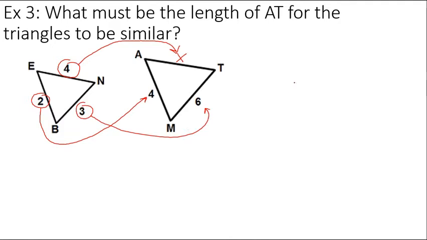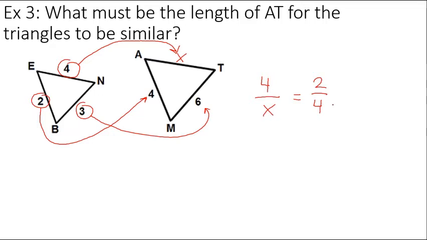So we set up 4 over X, because these two correspond to each other, equals, and here we just pick one more pair. I'm just going to say 2/4.